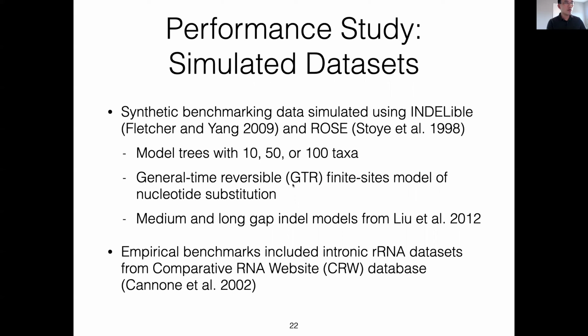These included a range of dataset sizes of 10, 50, or 100 taxa, sequence evolution under a finite sites model of nucleotide substitution, along with either a medium or long gap length indel model. Furthermore, in addition to the simulated benchmarks, we also had empirical benchmarks, which we took from the Comparative RNA Website database. It's a phenomenal resource because it comes with intensively curated reference alignments from which we computed reference trees.